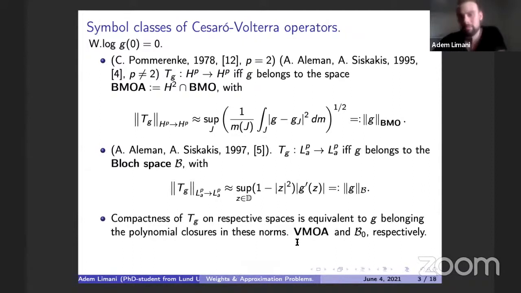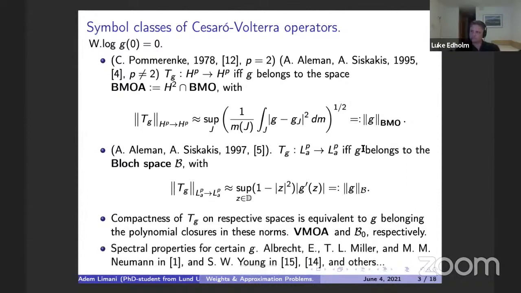And then one could consider compactness questions, and this has also been done. To recap the results, if you have little o conditions of BMO and Bloch respectively, this is the right condition for the symbol inducing a compact operator.